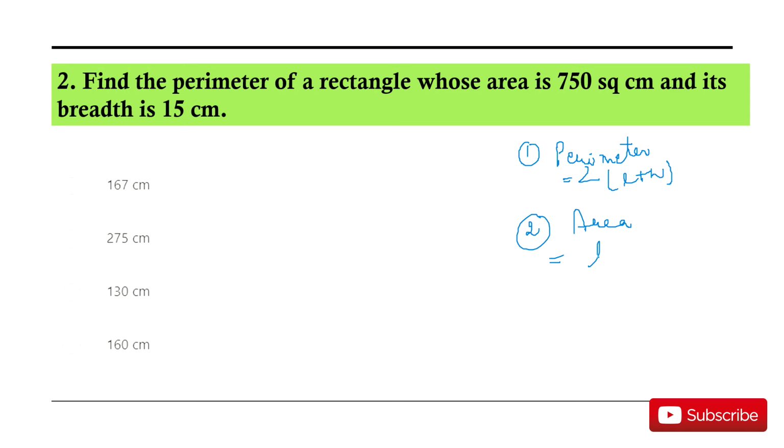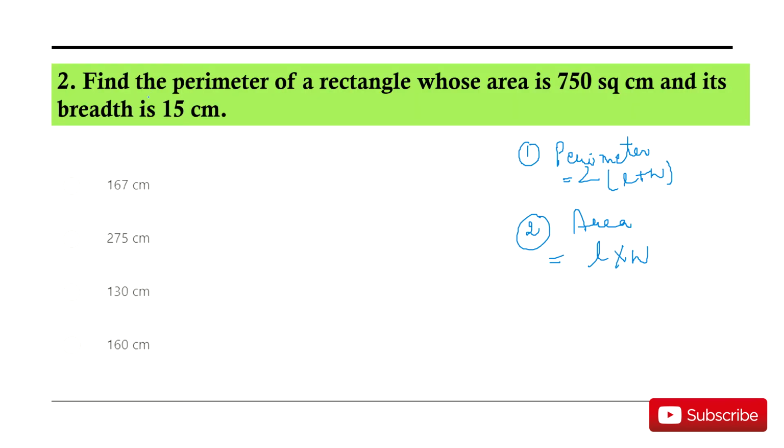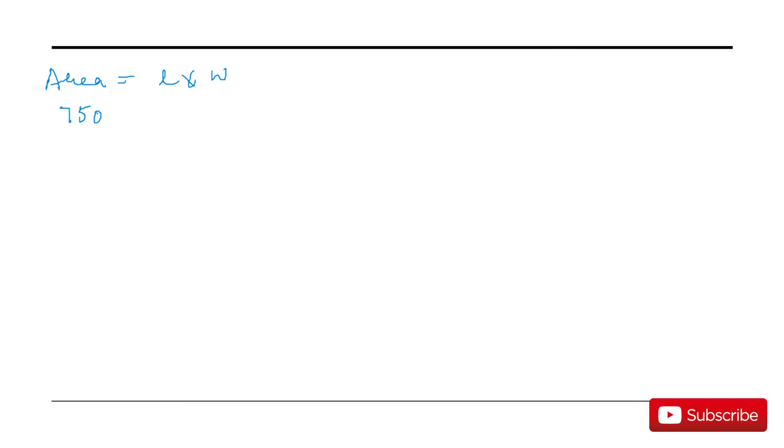Area is length into width. Now, in order to calculate here, let me find out the length of the rectangle. Now, how to find the length? First, I will use area, length into width. The area is given to me as 750. Length we don't know, but we know the width, that is 15 centimeters.